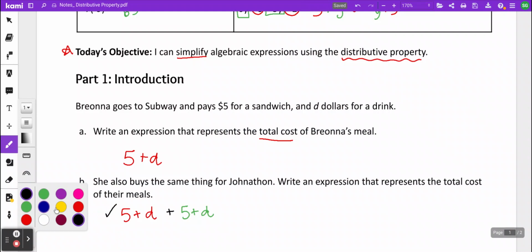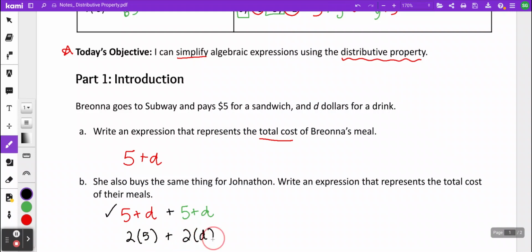I've also had students say, well, if she's getting 2 sandwiches, instead of using addition in the 5 plus 5, we could say she's getting 2 sandwiches that cost $5, and she's also getting 2 drinks that cost $D. And for both of these, you might see them written in different ways. So maybe you did your 5 plus 5 and then your D plus D second.